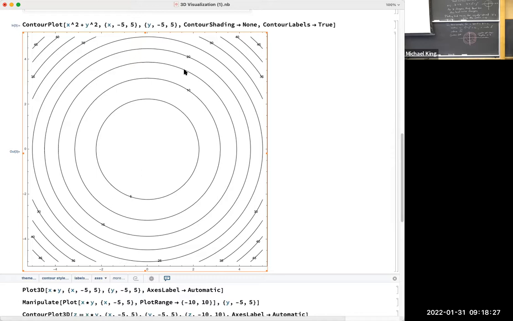I guess the question is, can you see the bowl shape coming out of that? As you go away from the origin, how is your z changing? It's positive, but what else is happening as I get farther away?